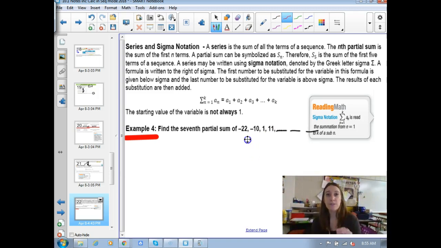Here's the rule. If you want to use sigma notation and program your calculator to do something, you need a formula. If you don't have a formula, you'd have to find a formula. So sometimes, in this case, it's just easier to manually do it. So let's figure out the pattern here, guys. Here we added 12, right? Did I get that right? Yeah. And then here, it looks like they added 11, so I think I see the pattern. Here they added 10.